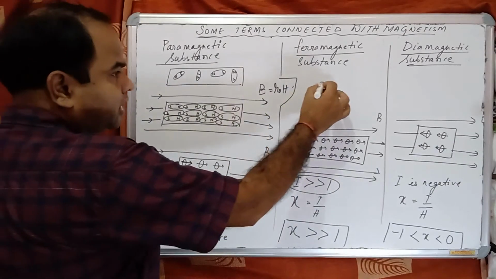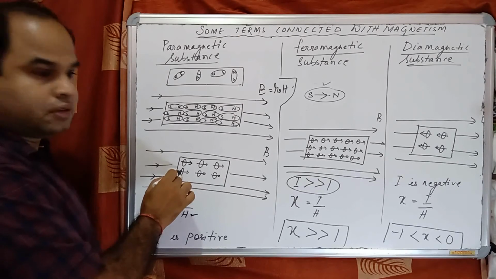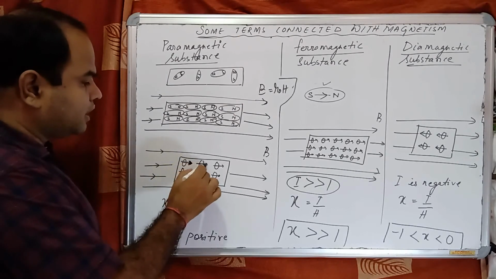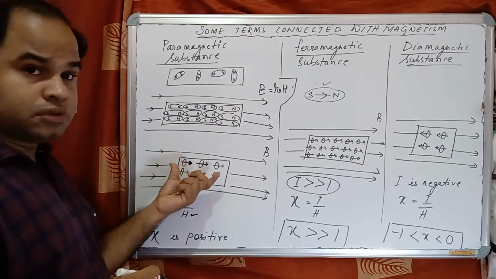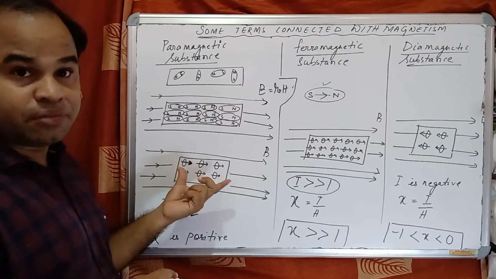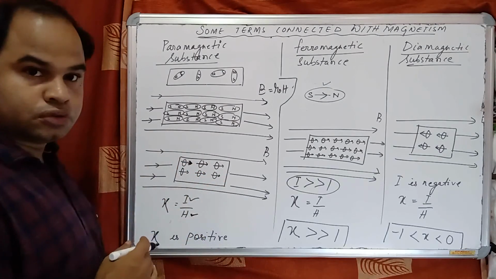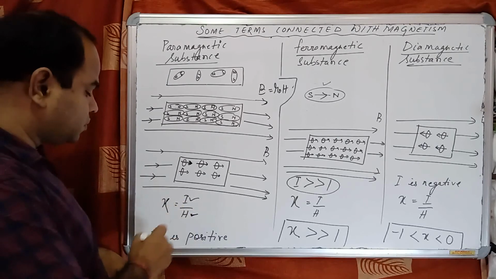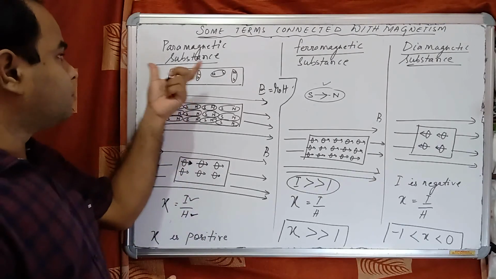So I is positive, H is positive, and you can say susceptibility is also positive for this paramagnetic substance.